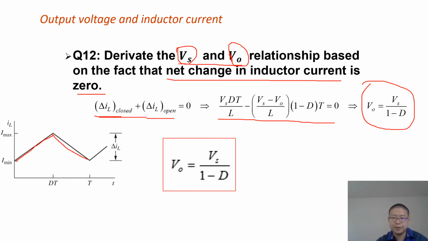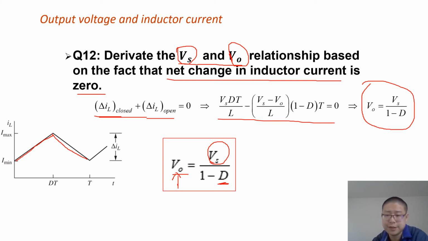Here 1 minus D is a value between 0 and 1, so the output voltage VO is greater than Vs. Or if the source voltage is a fixed value, we can adjust D, the duty ratio, in order to adjust the output voltage.